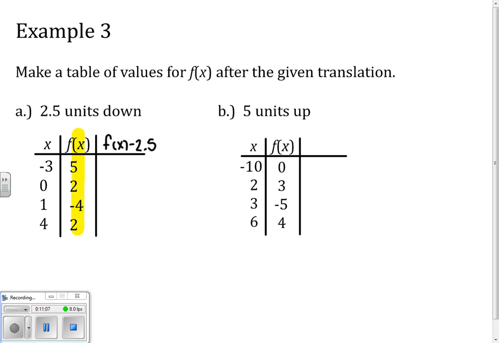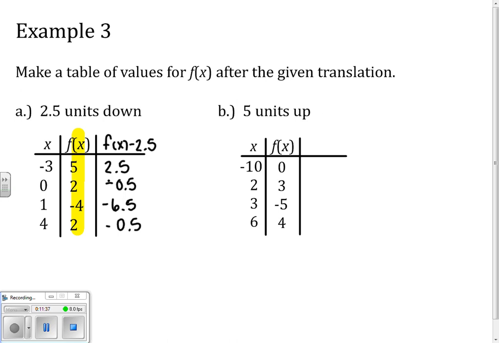So I'm essentially going to take all of those highlighted values and subtract 2.5. So if I had a 5, subtracting 2.5 is 2.5. If I had a 2, subtracting 2.5 is negative 0.5. The negative 4 becomes a negative 6.5, and the 2 becomes a negative 0.5. So all I'm doing is subtracting 2.5 from each of them.